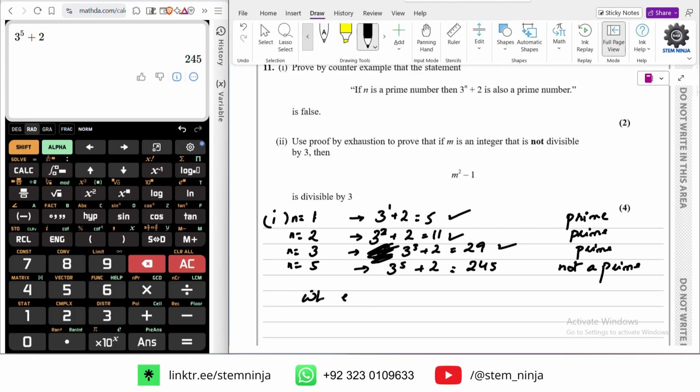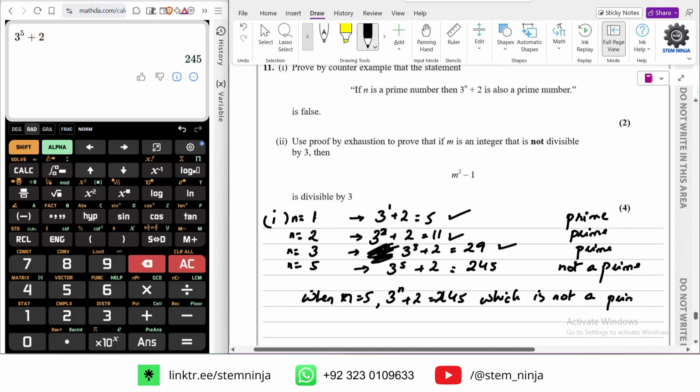So when n is equal to 5, 3^n plus 2 is equal to 245, which is not a prime number. Therefore, this rule is not true. This statement is not true.